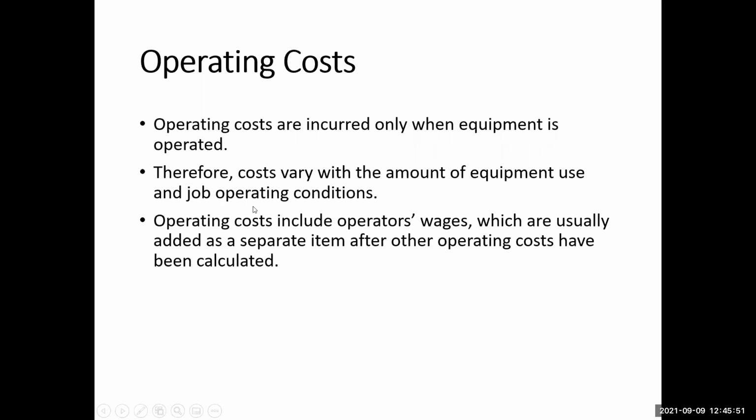And the more difficult the operating conditions, the more will be these costs. The operating costs include operators' wages, which are usually added as a separate item after the operating costs have been calculated. Although the wages for the operators are considered to be human resources costs, often these costs are also added to the equipment's cost.